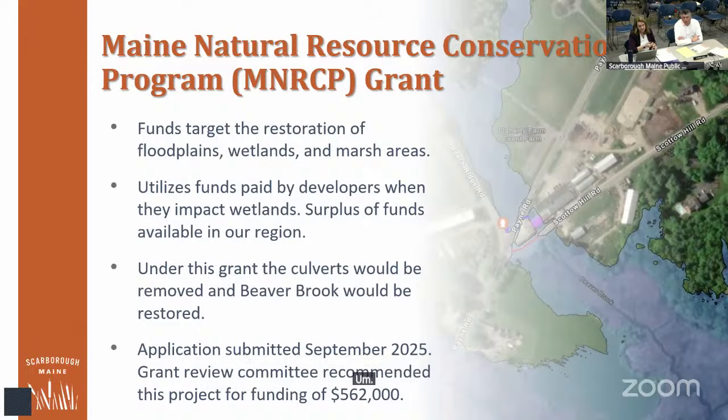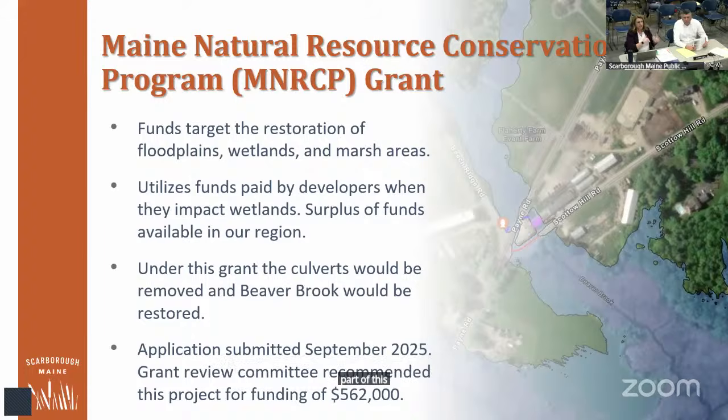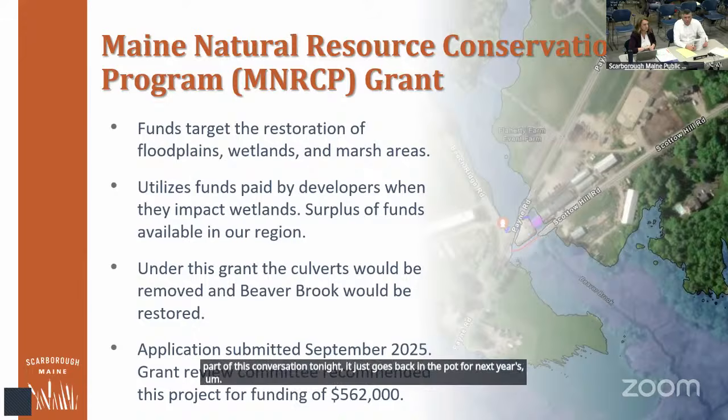And this project was recommended for funding. I will say I think there were 3 applications for our region and 1 withdrew. So there is no other project behind us. So if we don't accept the money, which is part of this conversation tonight, it just goes back in the pot for next year's funding opportunities for projects.